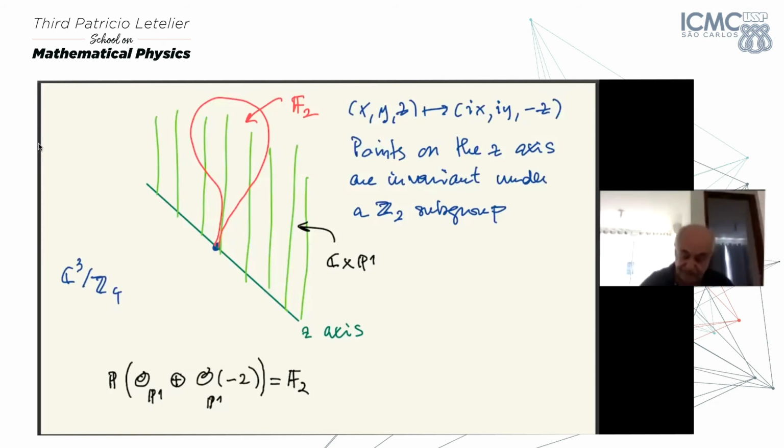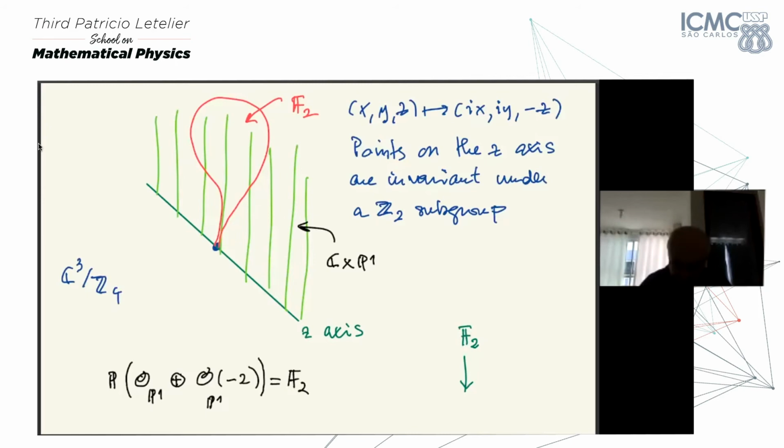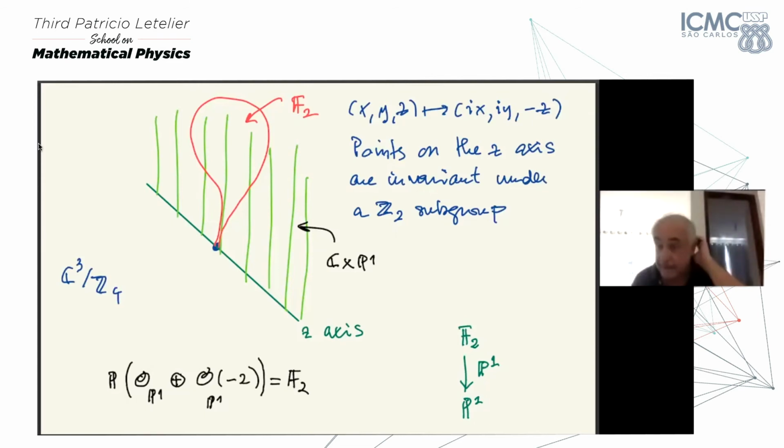F2 actually turns out to be, as all Hirzebruch surfaces are, exactly by the same construction, a P1 fibration over P1. Okay? The P1 fibrations over P1 are classified by a natural number. When the natural number is 0, you get the product, P1 times P1.